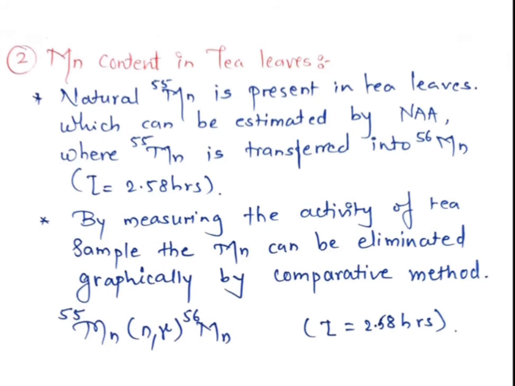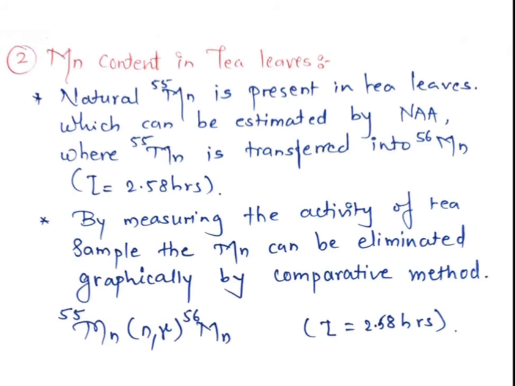The radioisotope formed is Mn-56 and its half-life is 2.58 hours. By measuring the activity of the tea sample, the Mn can be estimated graphically by the comparative method. The monoisotope Mn-55 becomes Mn-56 by the (n,gamma) reaction, and 2.58 hours is the decay time, or we can say the half-life of Mn-56.